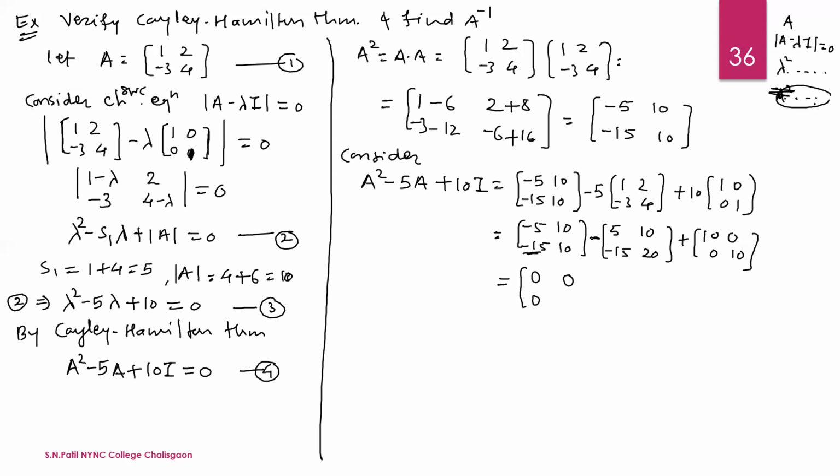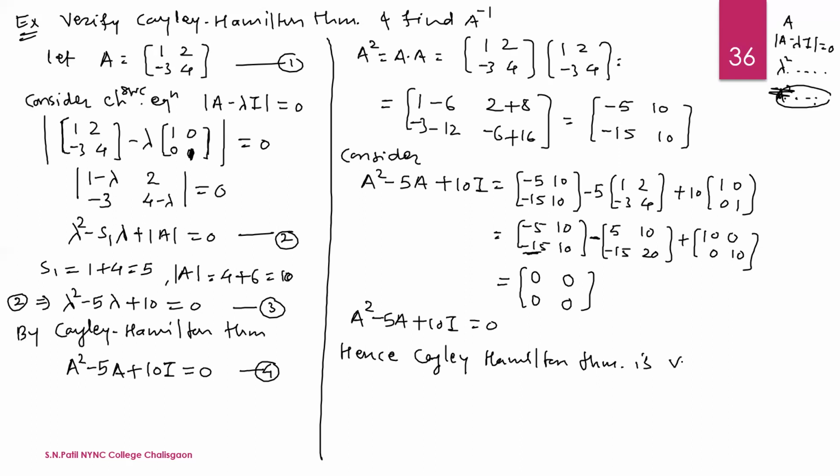Then 10 minus 20 plus 10, that is 0. So we get A squared minus 5 times A plus 10 times the identity matrix is equal to 0, the null matrix. Hence the Cayley-Hamilton theorem is verified.